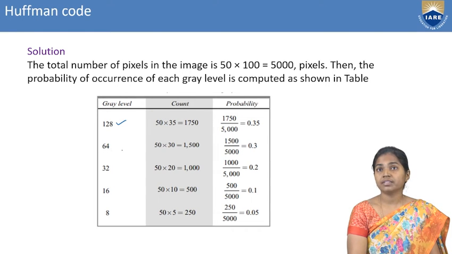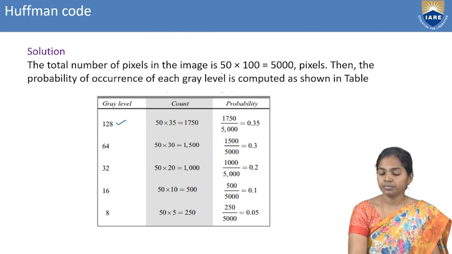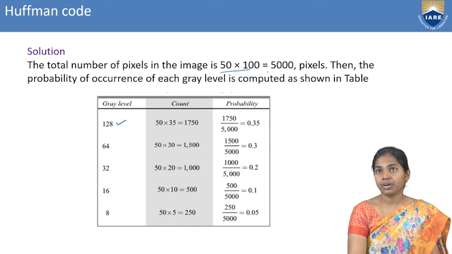For gray level 64, width is 30, 30 into 50. For 32, 20 into 50, which is 1000. For 16, 10 into 50, 500. For 8, 5 into 50, 250. The image is 50 into 100, so the total number of pixels in the image is 50 into 100.